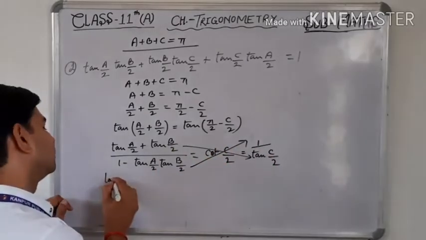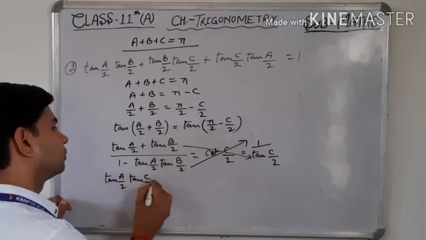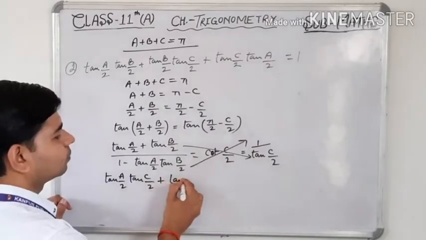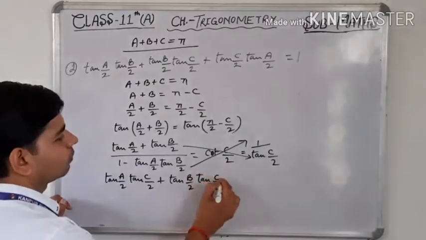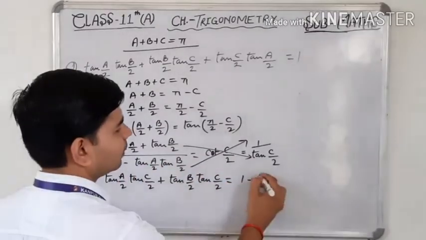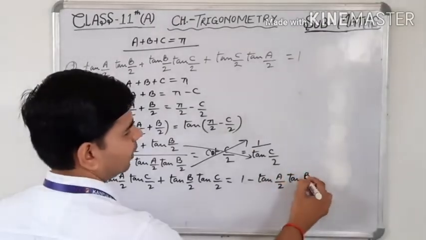Tan a by 2 tan c by 2 plus tan b by 2 tan c by 2 equal 1 minus tan a by 2 tan b by 2.